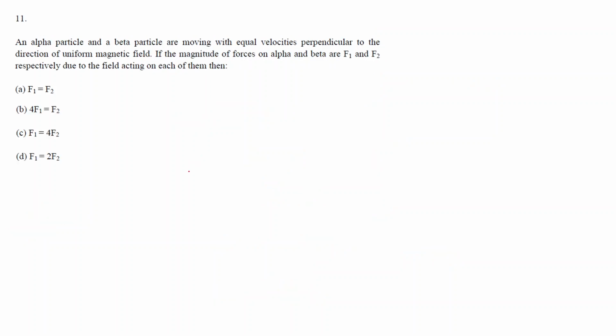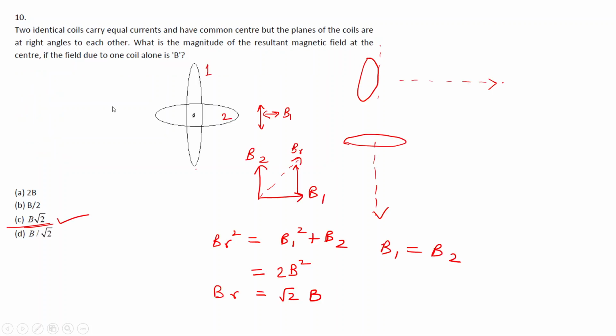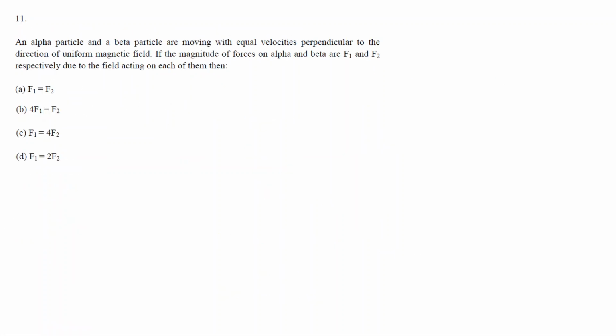Okay. So there is another question here. This question is that there is an alpha particle and a beta particle. Alpha particle, we all know, is actually like a helium particle.